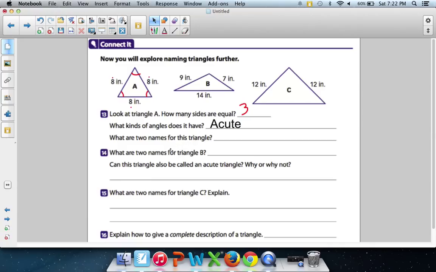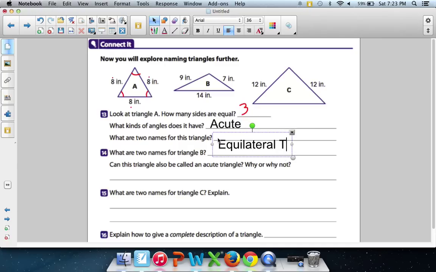What are two names for this triangle? It can't have two names. Remember how I told you it could either be because of the sides or angles? Well, it has one name for the sides. All the sides are equal. There's an 8, an 8, and an 8. When that happens, you have an equilateral triangle, spelled like this.